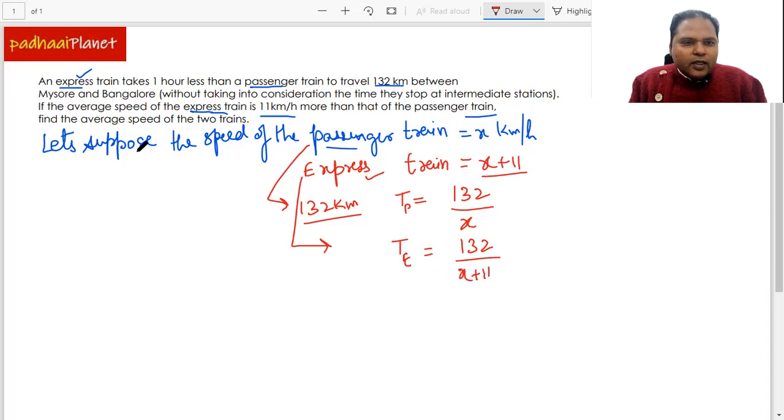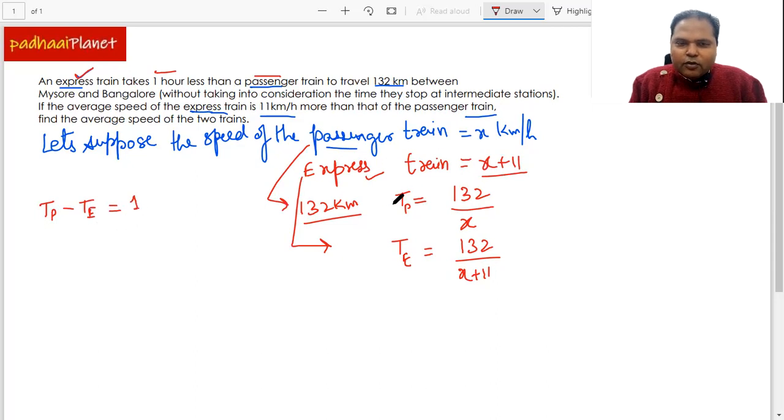Now what we understand from the question is that the time taken by the express train is 1 hour less than the time taken by the passenger train. So the time taken by the passenger train minus the time taken by the express train is equal to 1 hour.